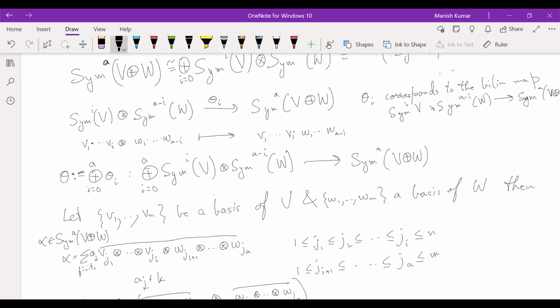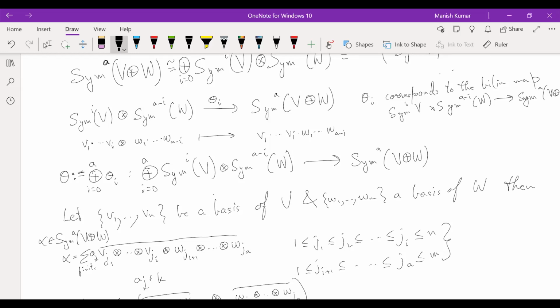And in fact, at least when we take j_1 less than or equal to j_2 and so on, so even if we make sure that these inequalities hold, these still generate, because any other permutation will map to the same one of these. So any typical alpha you can write like this.